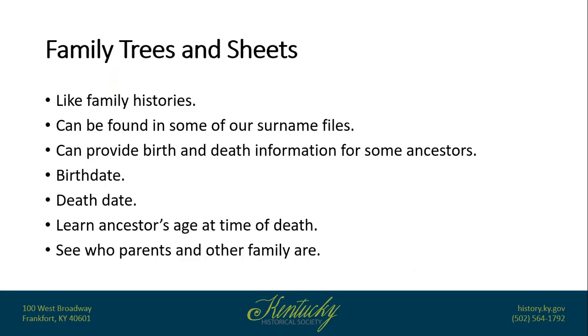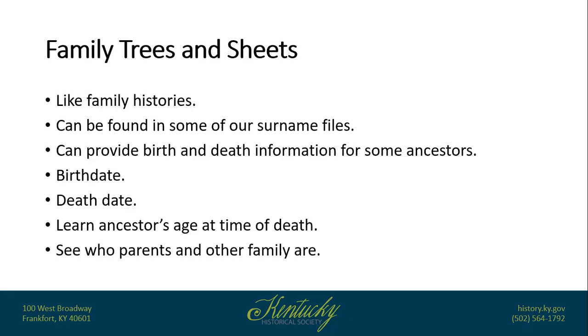And then, like I was talking about before, there's also family trees or family group sheets. They're kind of similar to family histories because they're usually put together by another individual, and then they're donated to us, or people at home will put these together.